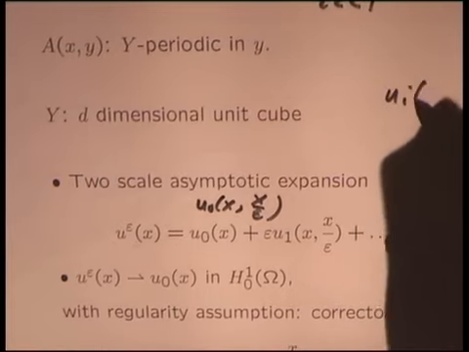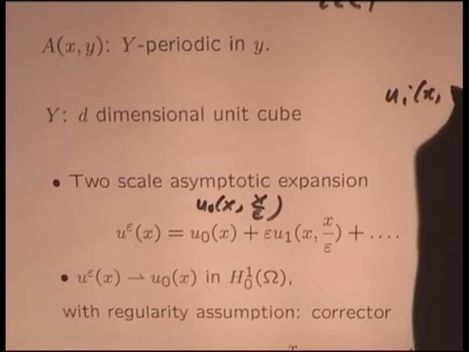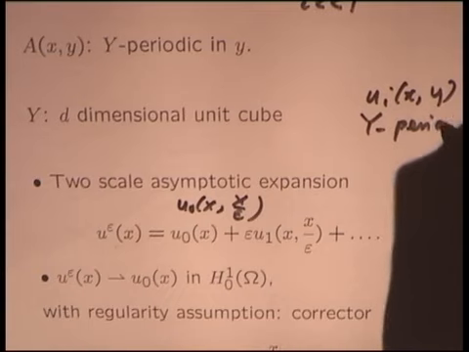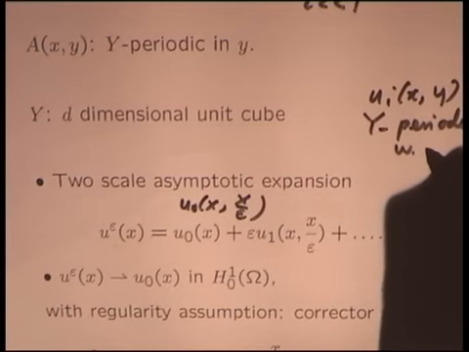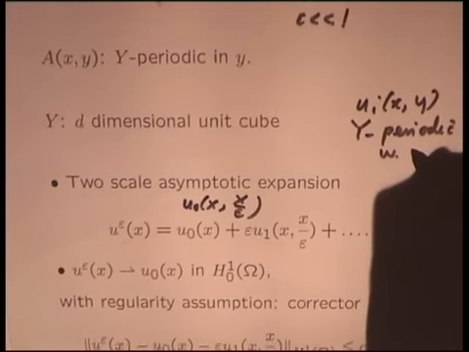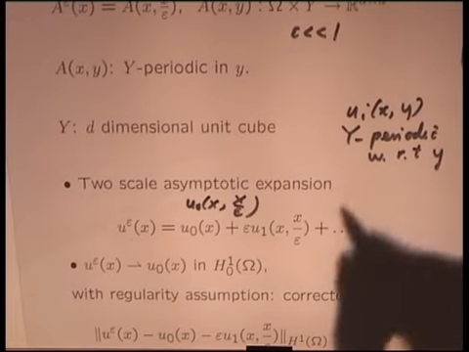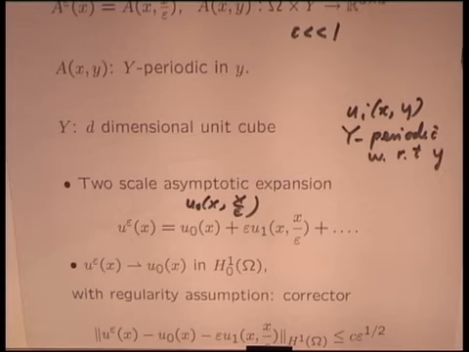So we assume that u_i(x, y) is Y periodic with respect to y. And so we have u0 as u0(x, y) and u1 as u1(x, y) and so on. But somehow we can show that u0 does not depend on y, so I just have u0(x).